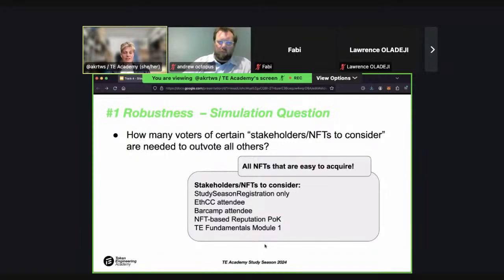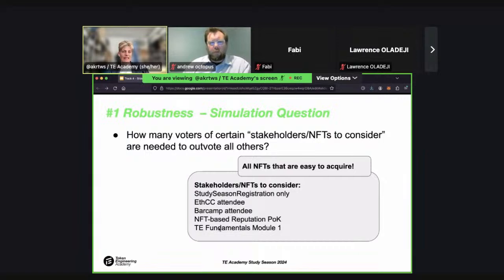From all the NFTs we have minted, or will be offering in the next weeks until the voting, this list of NFTs are those that are easiest to acquire. So we should keep a close eye that these NFTs cannot be used to easily outvote other NFTs.